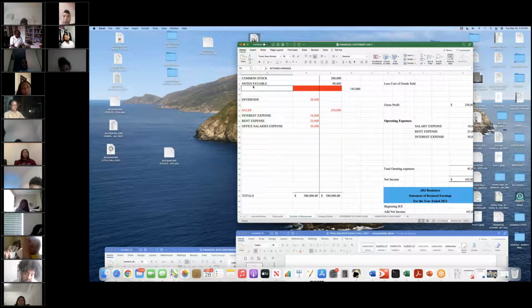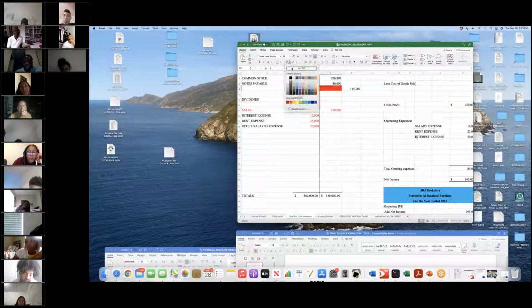Okay, let me get retained earnings back. Okay, so that's what I was trying to show here. So still moving retained earnings.